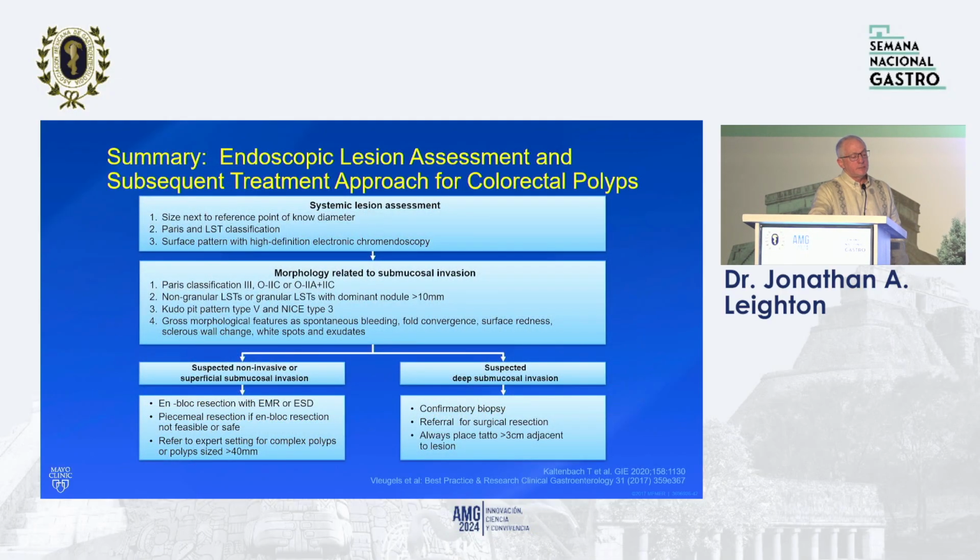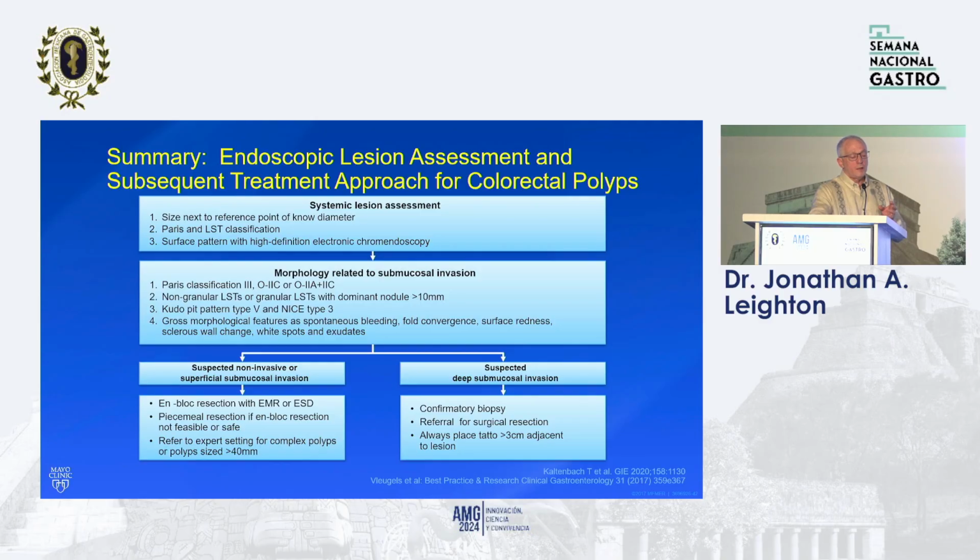So this is a nice summary of the approach to endoscopic lesions in general and the subsequent treatment approach. So you want to have a systematic lesion assessment. You want to determine the size, and I usually use either the sheath of the snare or biopsy forceps to determine the size.